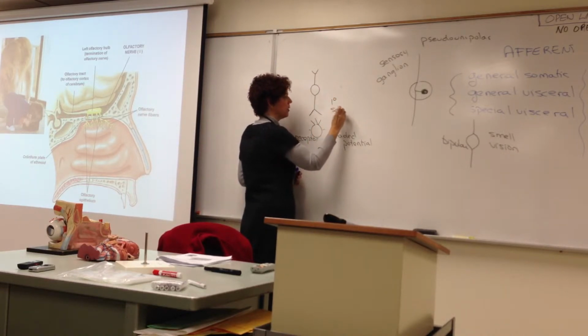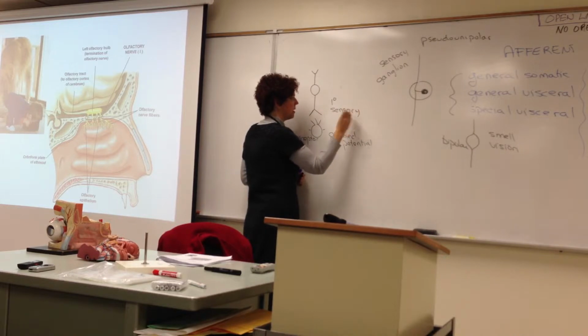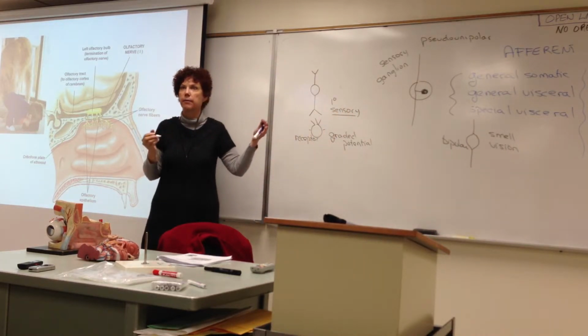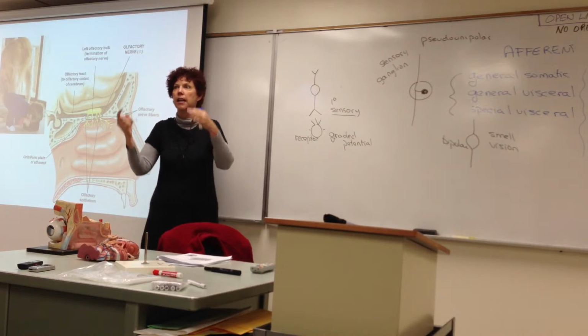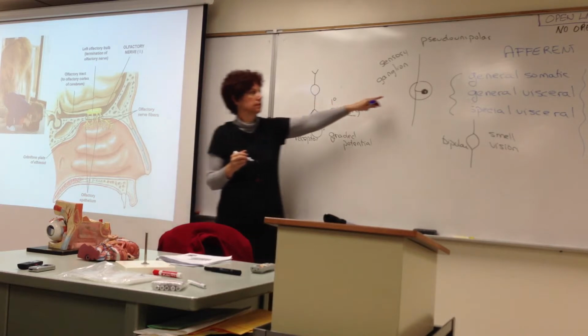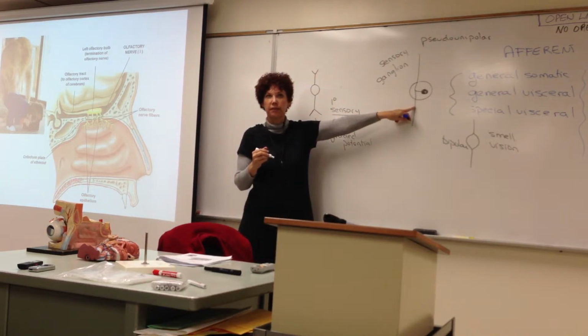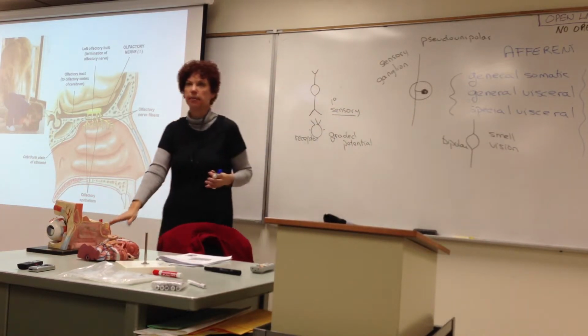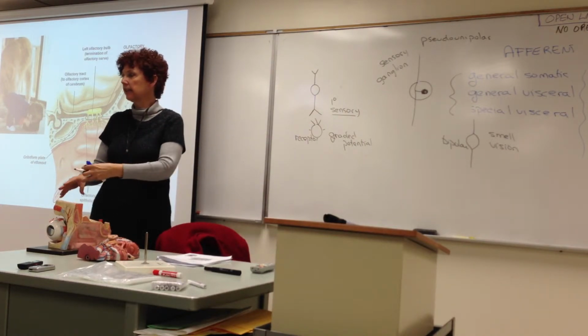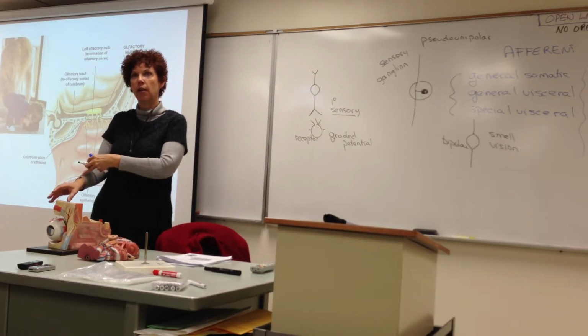We typically have 3 sensory neurons. In smell we don't, but typically we have 3 neurons. So this is the first neuron. This would be the equivalent of what neuron in the spinal cord? The pseudo-unipolar. So when I touch the table and activate my touch receptor, and that activates the pseudo-unipolar neuron, where does it go?